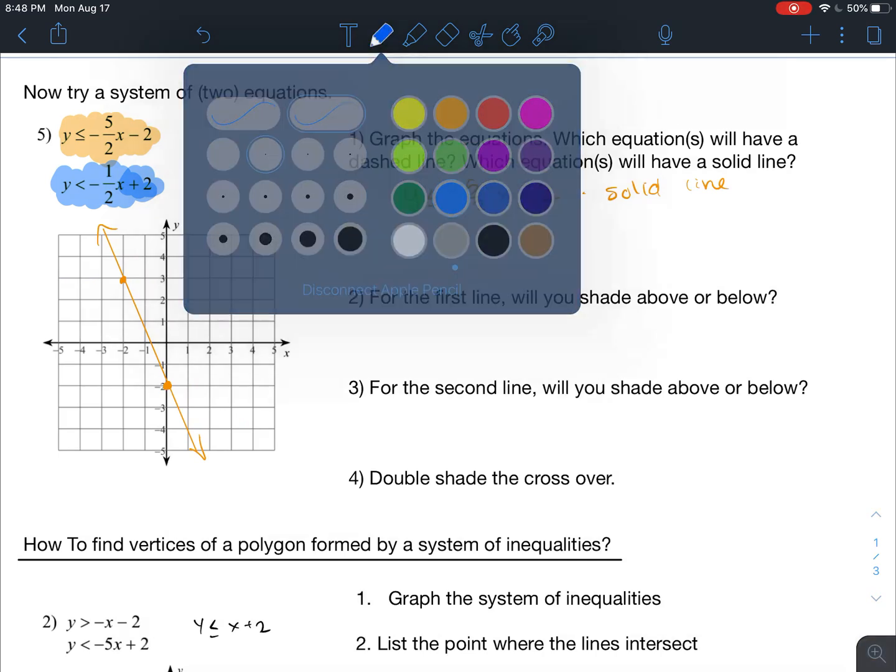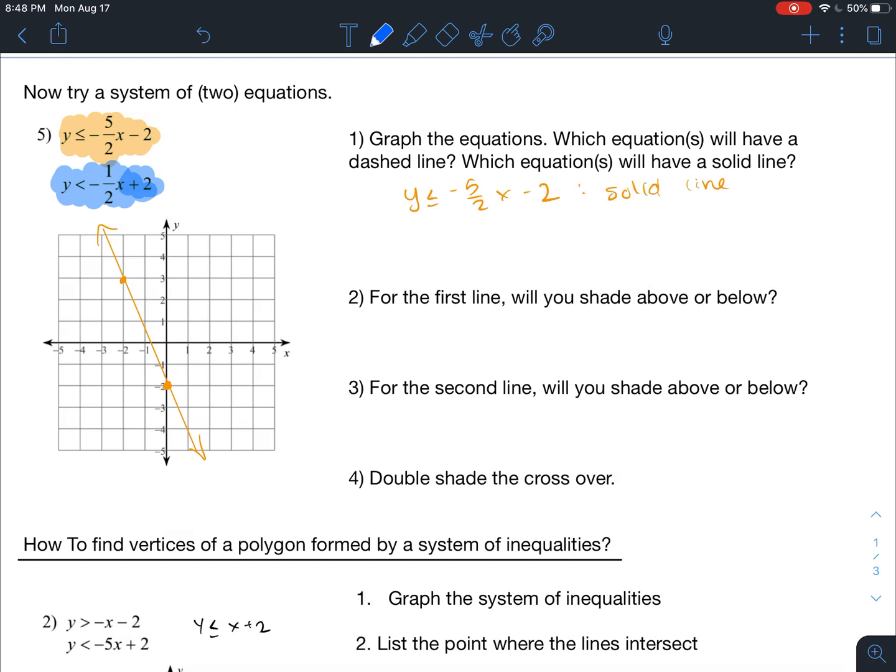Well, let's go on to our blue line. y is less than negative 1 over 2 x plus 2. So right there, that's where our intersection is going to be, with negative 1 over 2 slope. So rise is 1 and our run is 2.